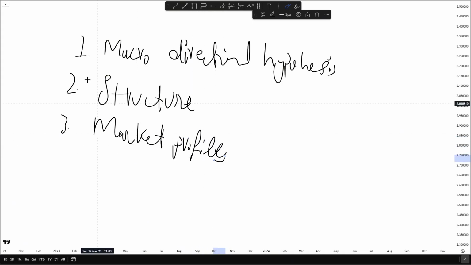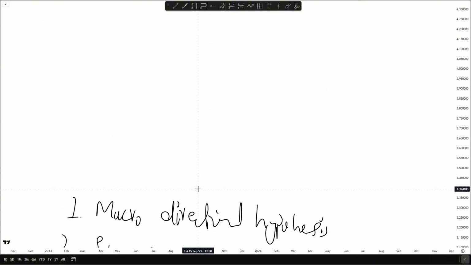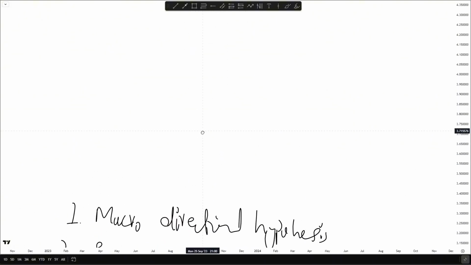Now let's discuss each one of these steps in a bit of detail, and let me give you a graphical representation of them. Okay, first we will discuss how to build a macro directional hypothesis.